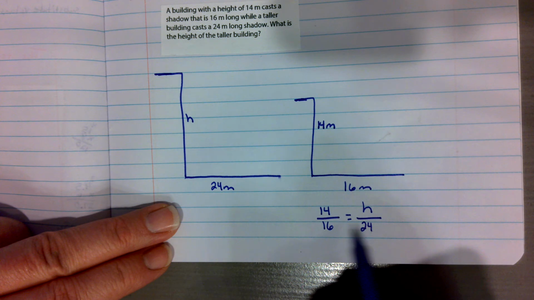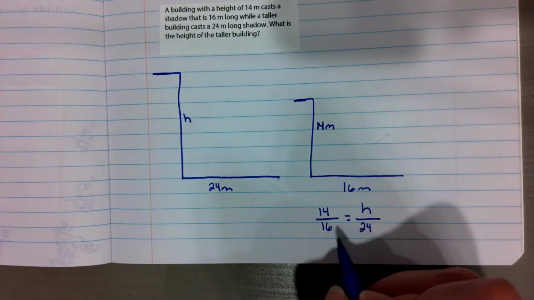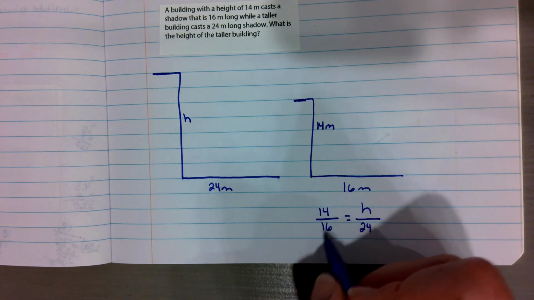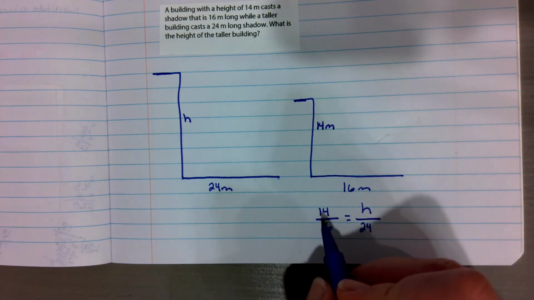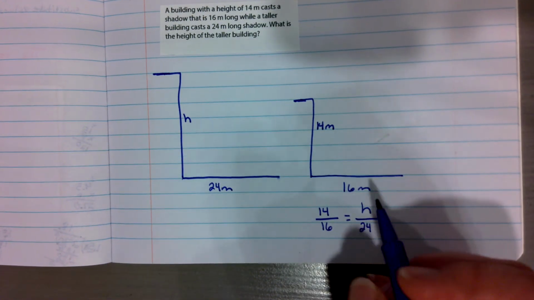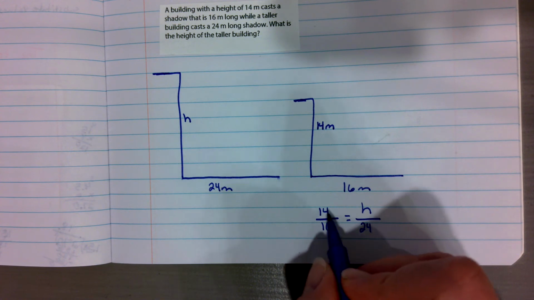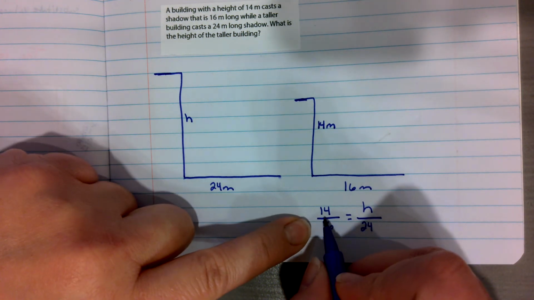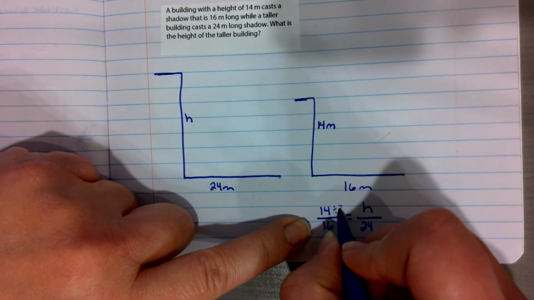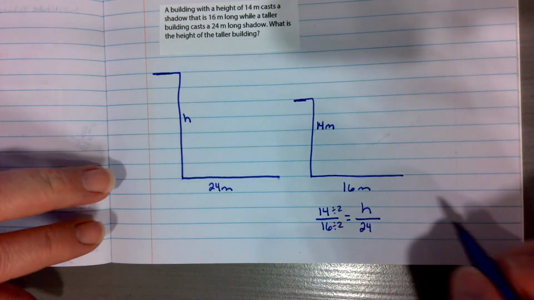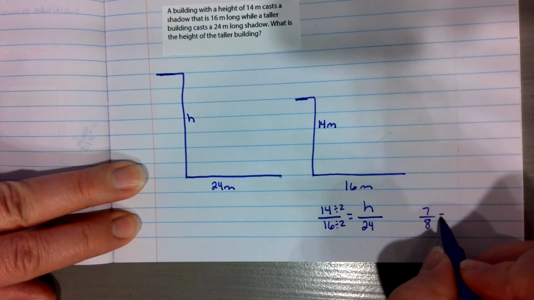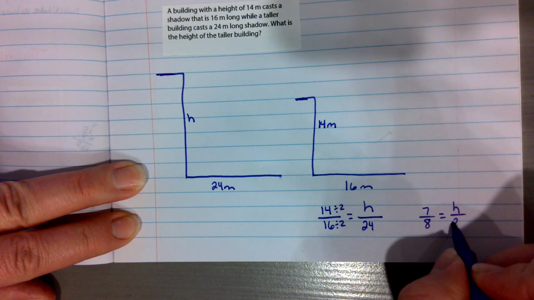All right, so on this, we can simplify this fraction here. And a lot of times that's another way that we can solve these and it'll be a little bit easier for us. So I know that I can divide both of these by 2. I can divide this by 2 and this by 2. So that's going to simplify to 7/8. And I keep my equals h over 24.